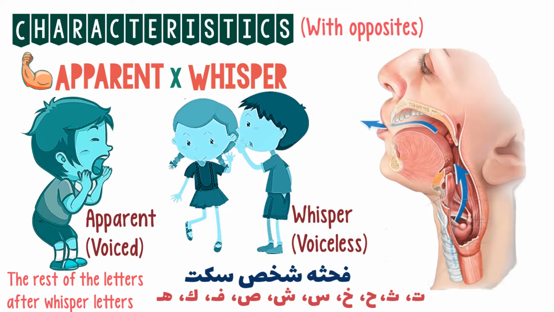Like أضحى, يحوي, also أذكى, apparent letter, while مستطيرة, the sin is a whisper or hams letter.